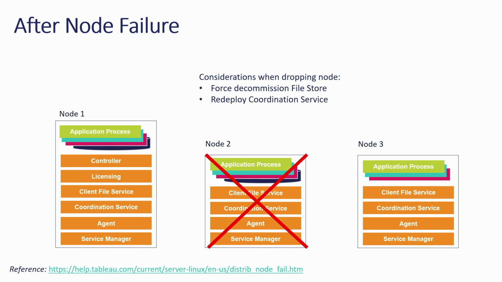Remember Carlton was telling us that the file store is constantly synchronizing files. You add an extract somewhere, it goes in one of the file store nodes, and then rapidly gets picked up and moved to all of the other file store nodes. So if I want to remove a node, at any given moment there may be certain files that are in flight. I just added one to, let's say, node 2.